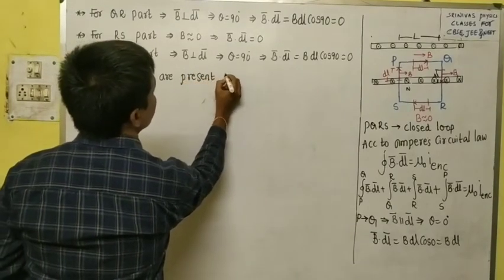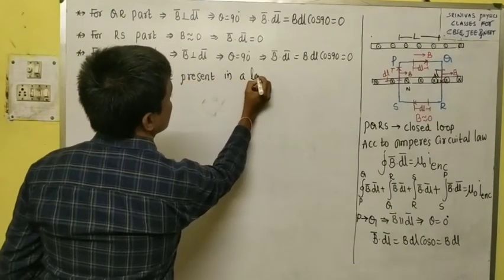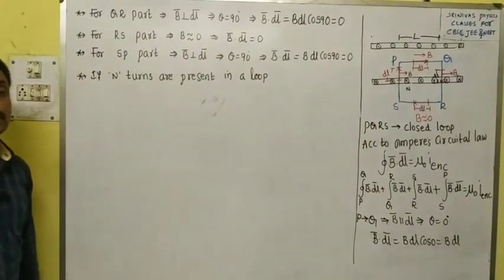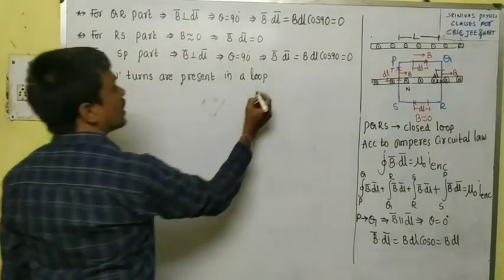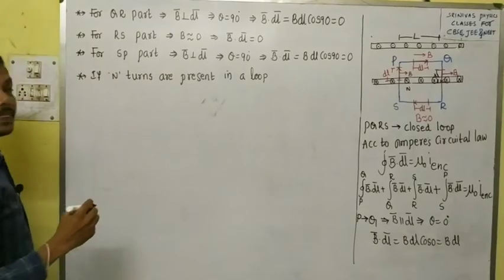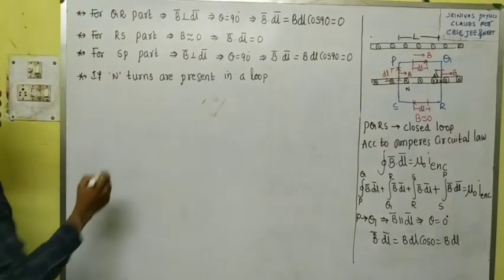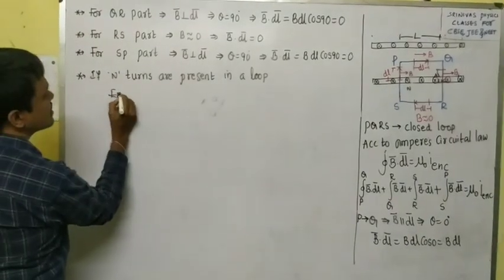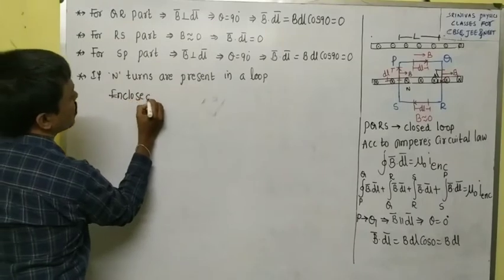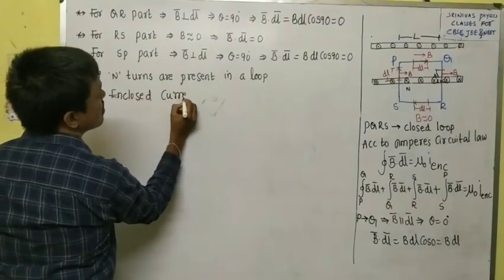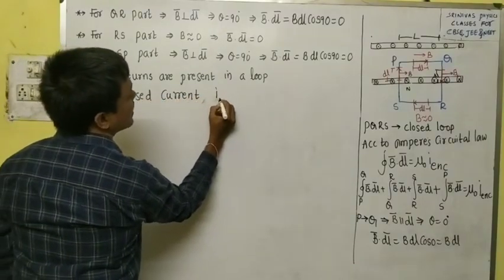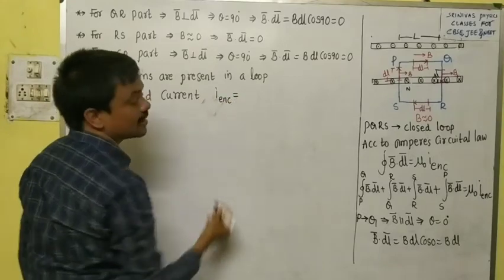If capital N turns are present in the loop, then what happens to the enclosed current in the loop?